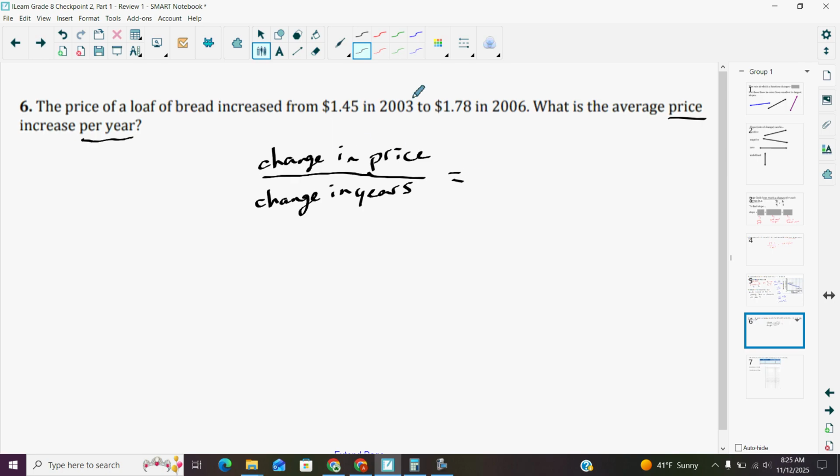So the change in price, it went from $1.45 to $1.78. It went up by 33 cents. And the number of years, it started at 2003 and now it's 2006. We had 3 years that went by. It increases by 11 cents per year.